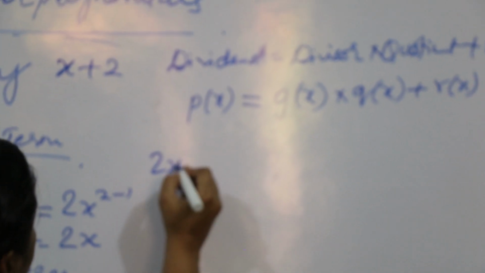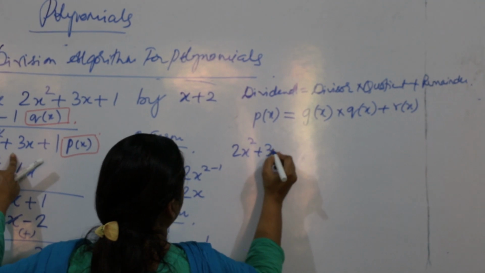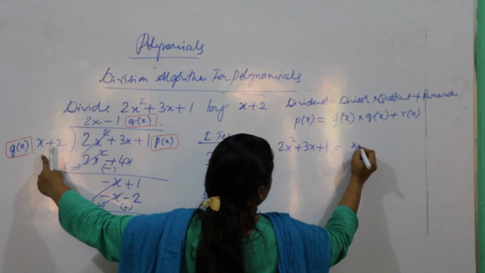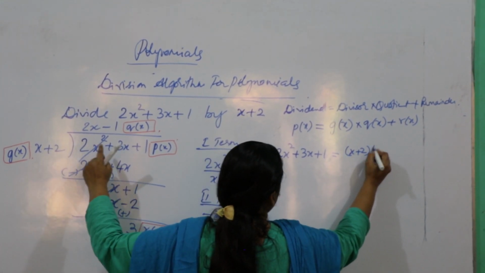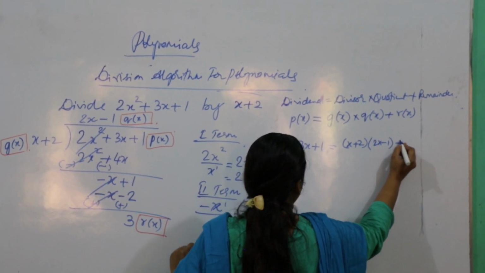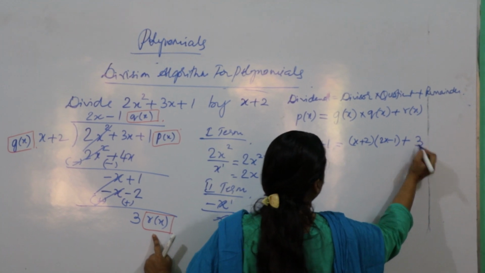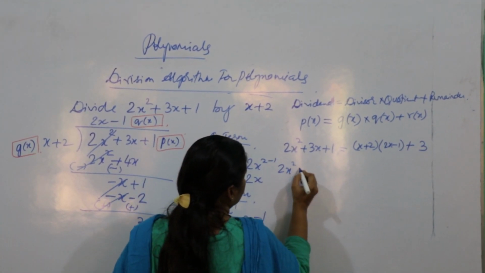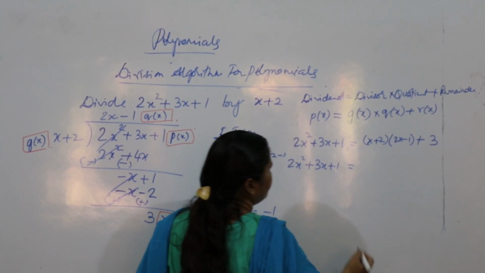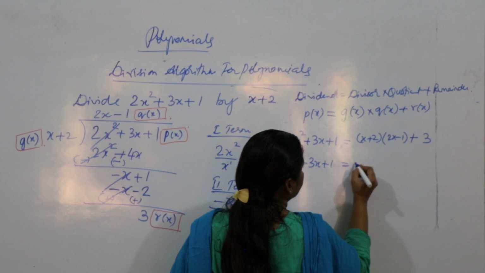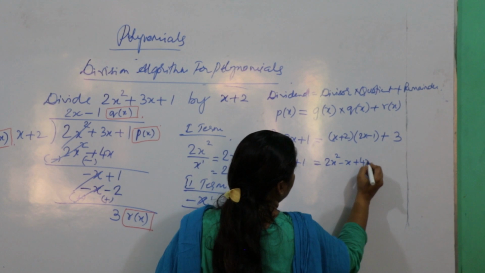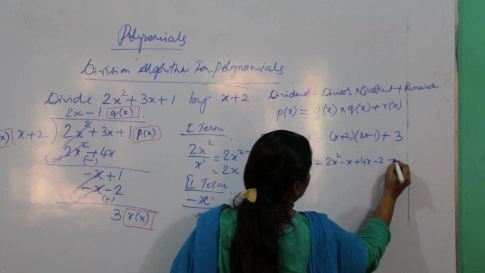Now what is our P of x? We will write this 2x square plus 3x plus 1. What is G of x, children? X plus 2 times, what is q of x? 2x minus 1. What is r of x? 3. If our LHS becomes equal to RHS, then we have verified it. So this is 2x square minus x plus 4x minus 2 plus 3.